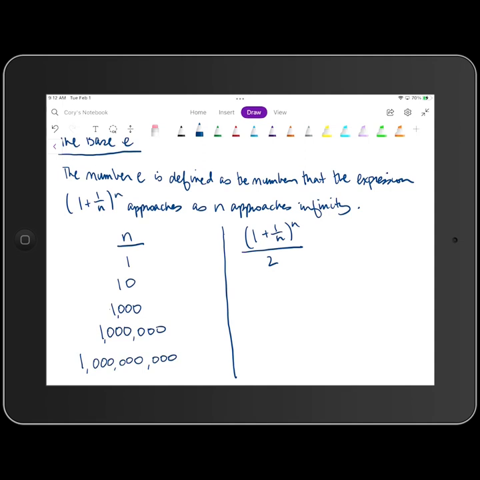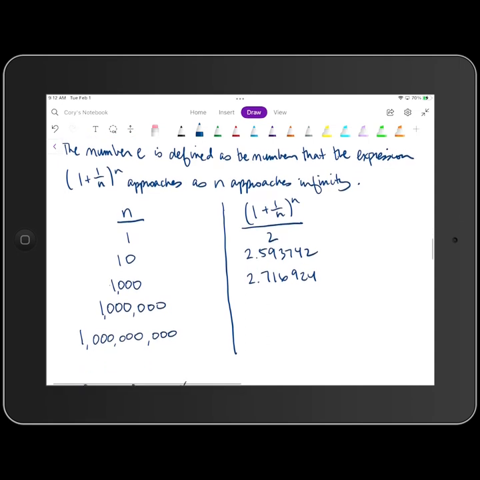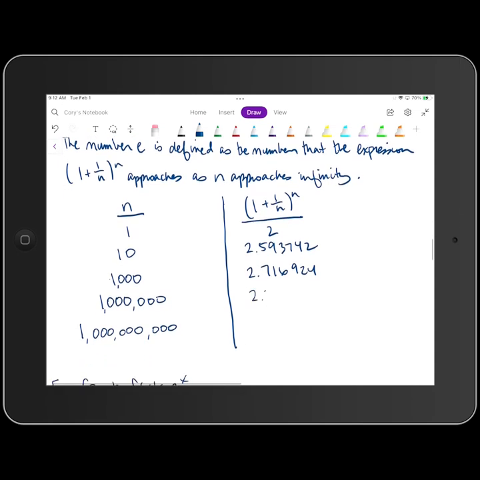Okay, so what you should have come up with, when n was 10, I got 2.593742. When n was 1,000, I got 2.716924. When n was 1,000,000, I got 2.718280.